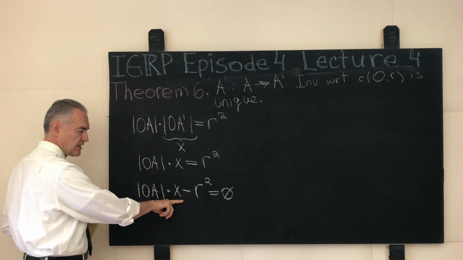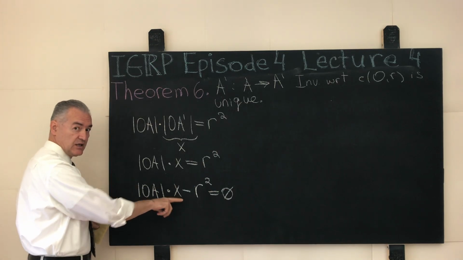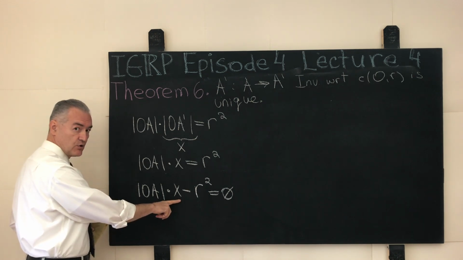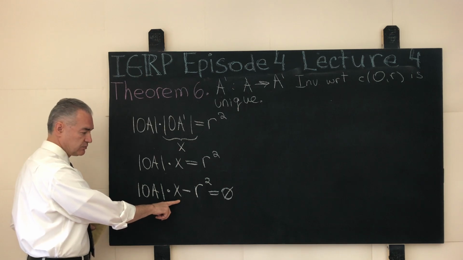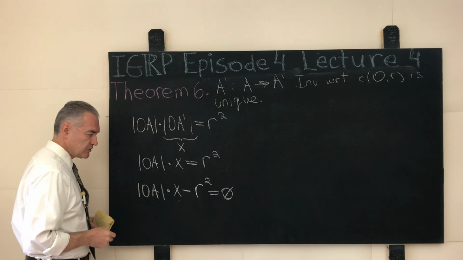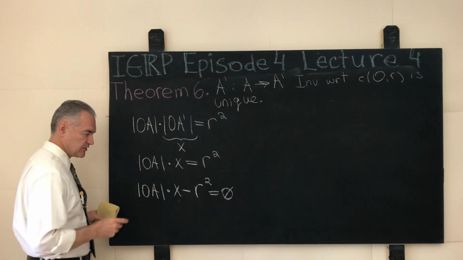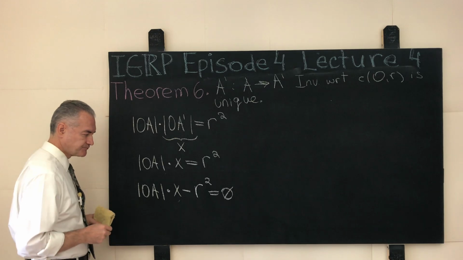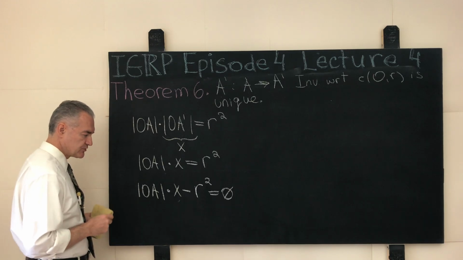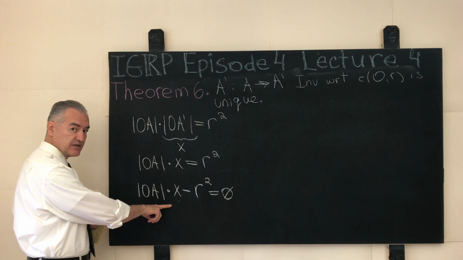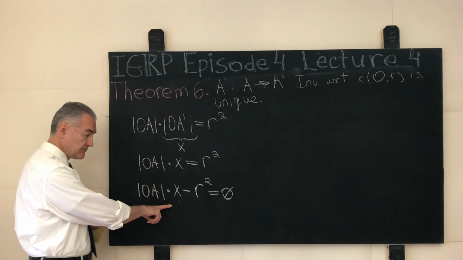This is technically an algebraic equation in a single variable, x, over the field of real numbers, because we're studying the inversion of the real plane. And it turns out that even going deep into the theory of groups with the corresponding alternating group A1, this group turned out to be solvable. That equation always has a solution, and that solution is unique.